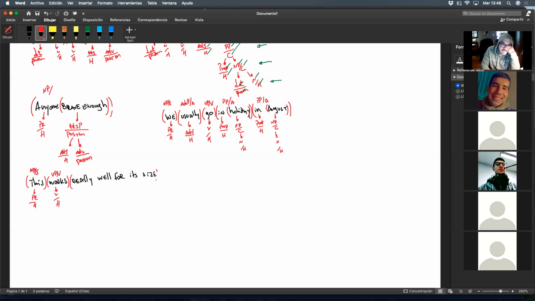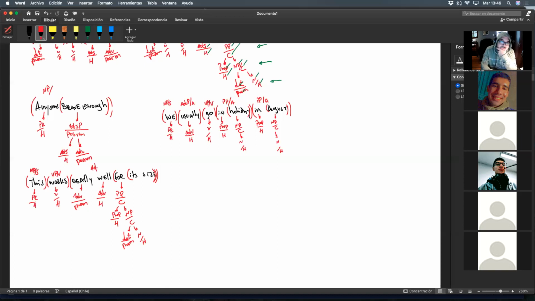Really well for its size, right? Really well. Well is the adverb head. Really is an adverb pre-modifier. And for its size is a prepositional phrase complement with a preposition head and the noun phrase complement its size. And then we have its is a determiner pre-modifier and size is a noun head.